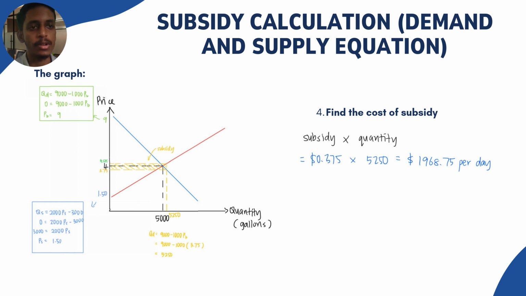Finally, we need to determine the cost to the government. It is represented by the rectangular area between the two prices. We use the formula shown in the bottom right.